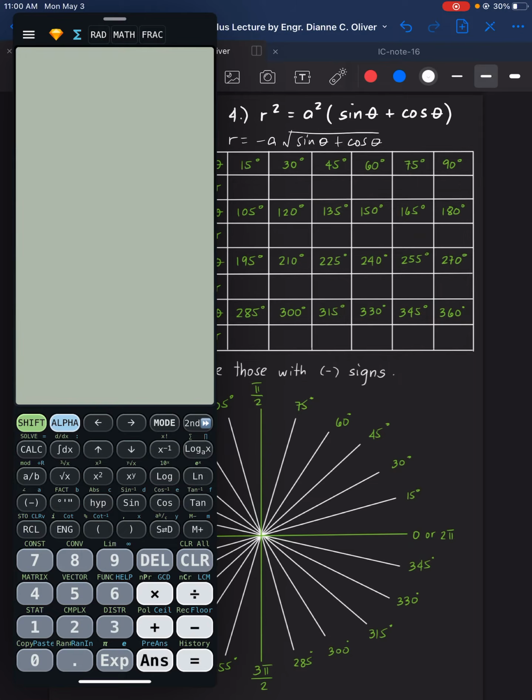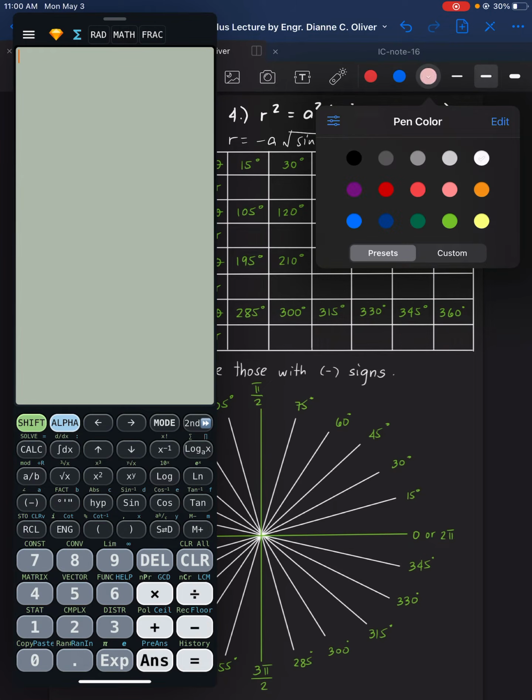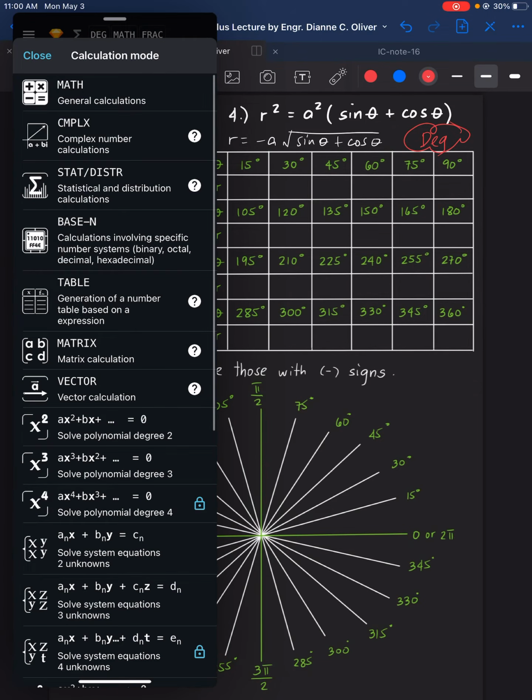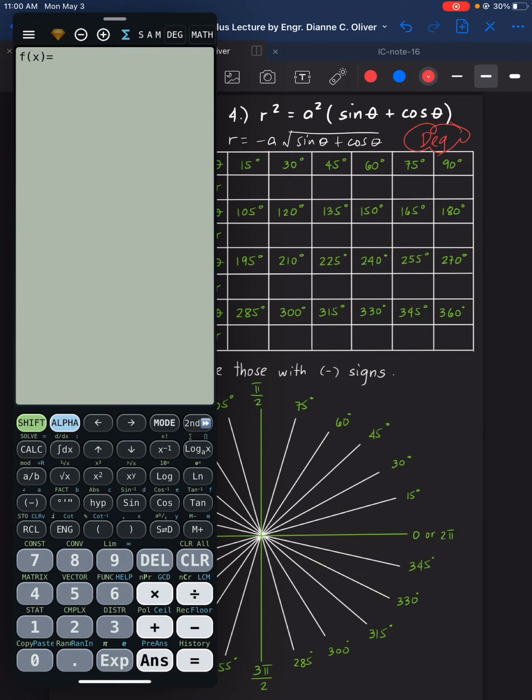Clear. Again, this warning here, it should be in degree. The table is in degrees. Mode, table, type in the radius. The radius, the root.